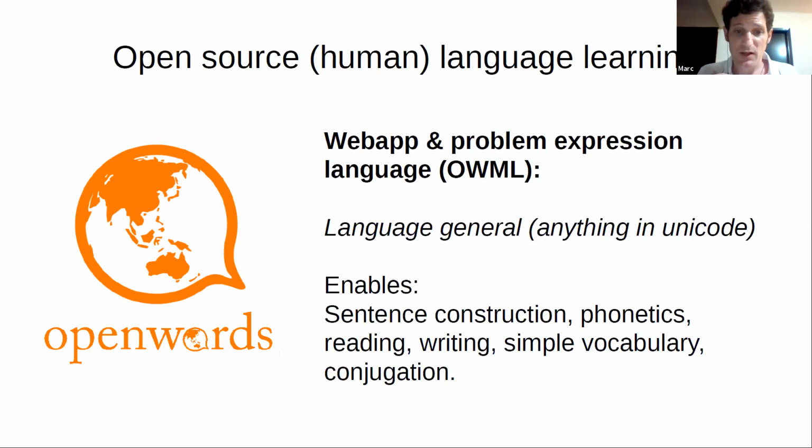It enables sentence construction, phonetics, reading, writing, simple vocabulary problems, and conjugation problems. It is like a flashcard program, but it also is purposed to produce more complex problems as well.